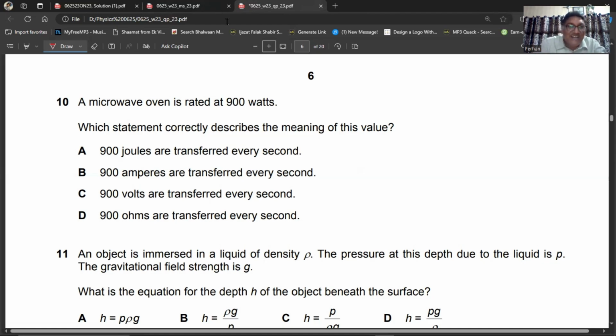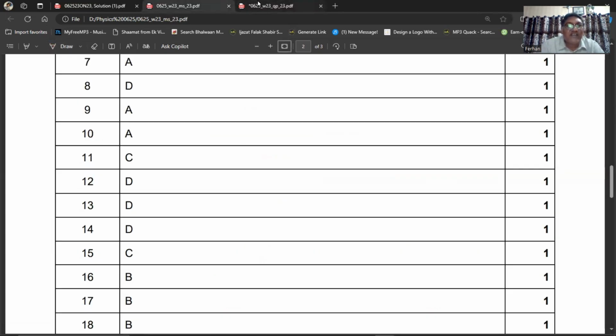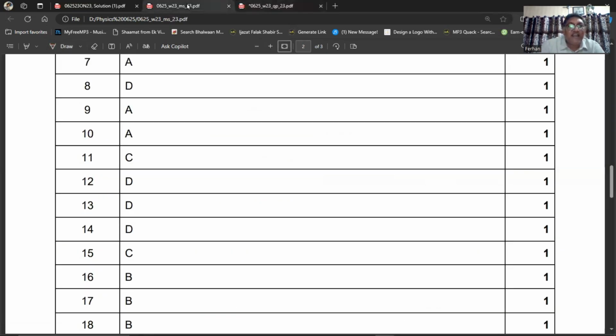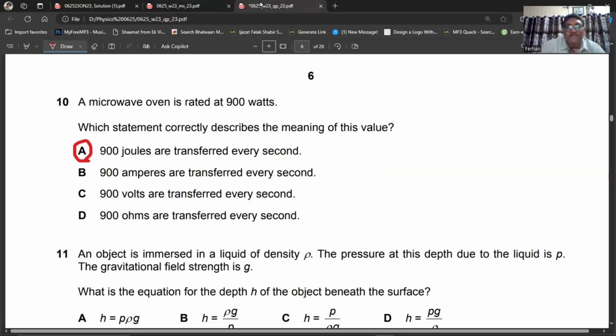That's the definition. Very simple. 900 joules are transferred every second. This is the exact definition of power. So question number 10 is the A option.